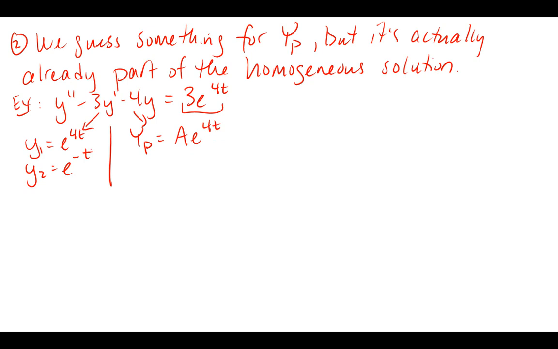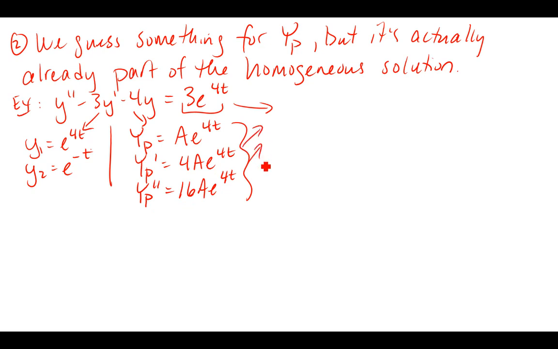And I say, all right, well, let's see here. I'll do the derivatives, so we're going to need them in a minute. Okay, so I get my two derivatives. That's nice. And now let's plug them in to the ODE, and we'll see what we get.